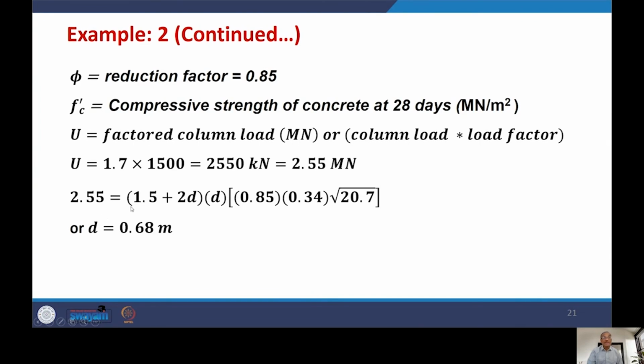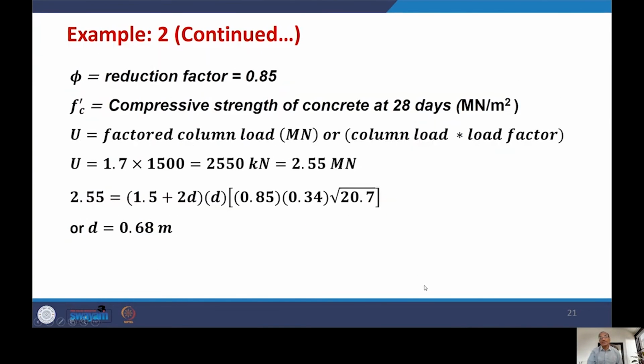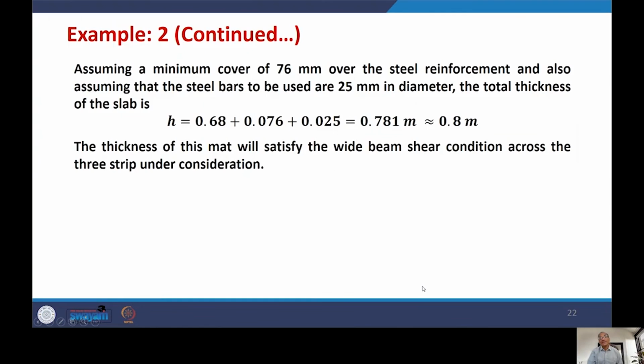With this, ultimately you end up with the value of D equal to 0.68 meter. So here, once you solve this, D will be coming 0.68 meter.